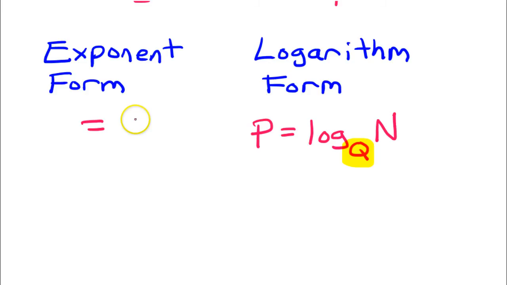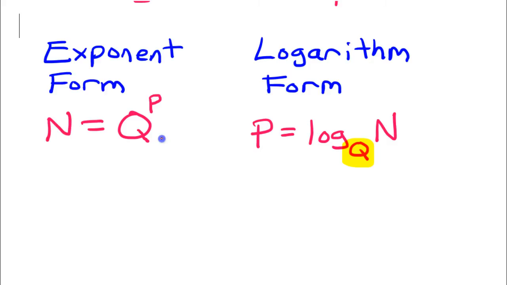I'm going to keep this q on the same side, and write it as a base. In exponent form, you have a base, and it gets a power. Now what power? The p and the n switch sides. So the n is going to wind up over here, and the p is going to wind up over here, but now it's going to be the exponent. So this would be the exponent form.